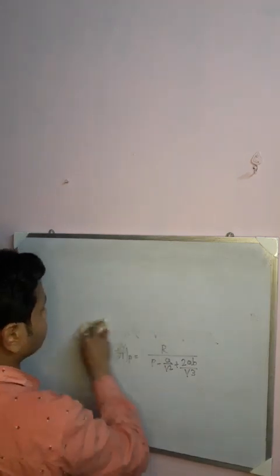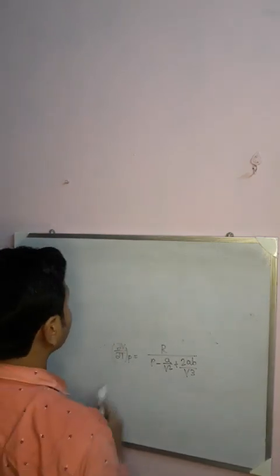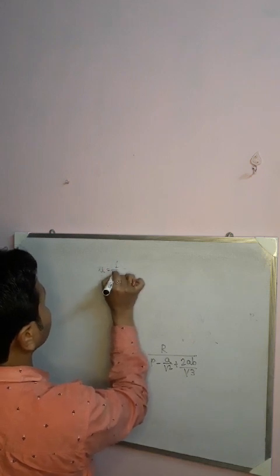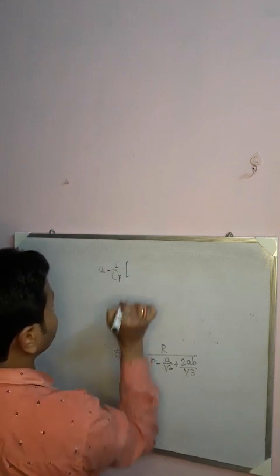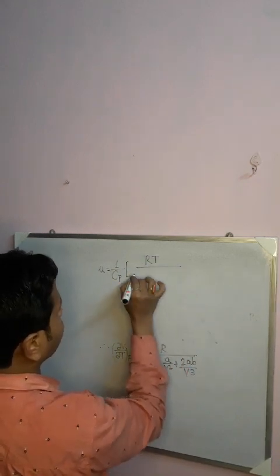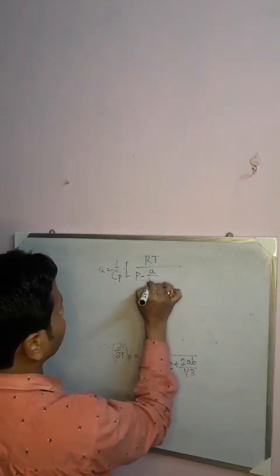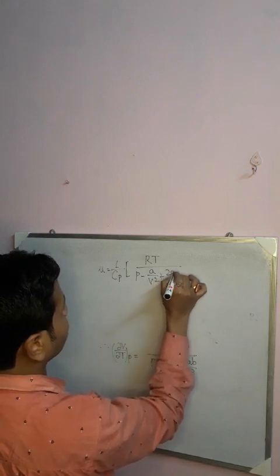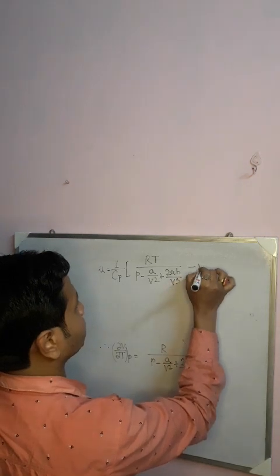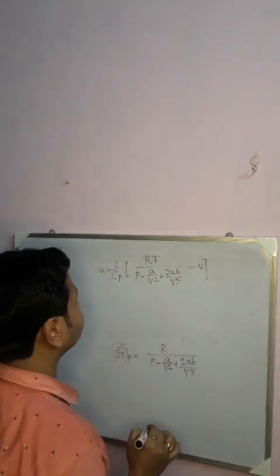What do we get? Mu is 1 by Cp into T (del V/del T) at constant pressure, that means RT by P minus a by V square plus 2ab by V cube, minus V.